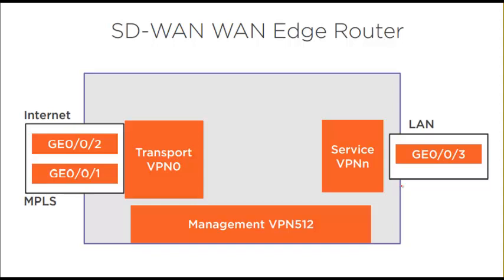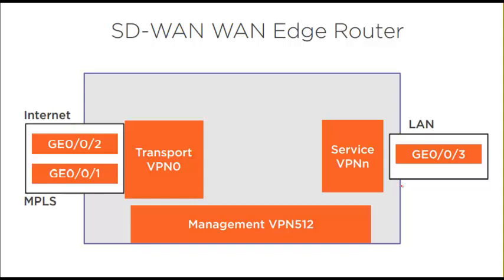So we are talking about the segment called VPN 0. The role of VPN 0, first point we saw, is it provides the TLOG to TLOG connectivity. Secondly, the secure DTLS-TLS connection between the controllers and the WAN edges are initiated using this VPN 0.